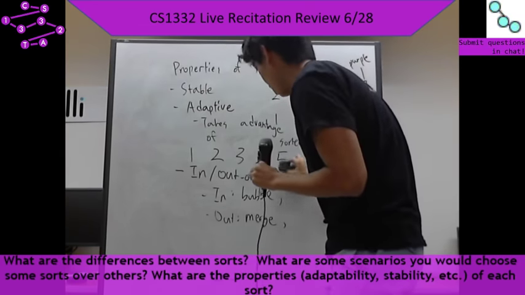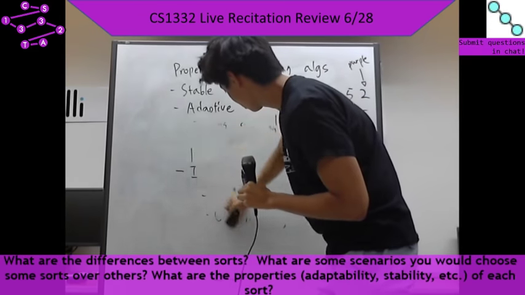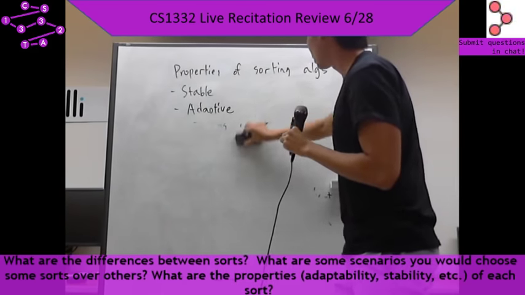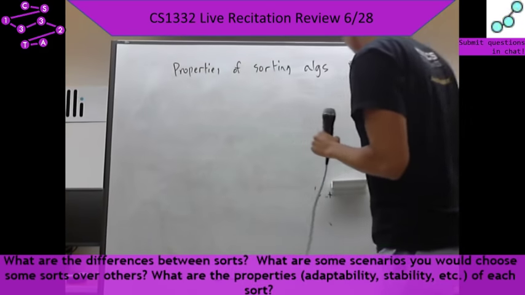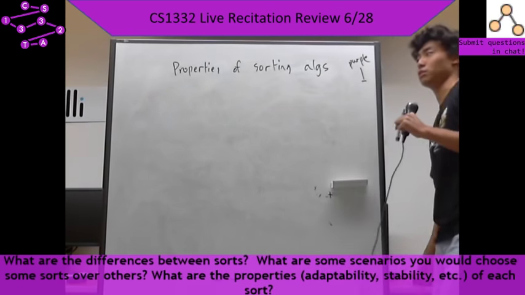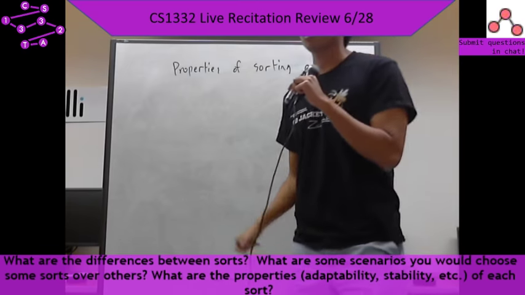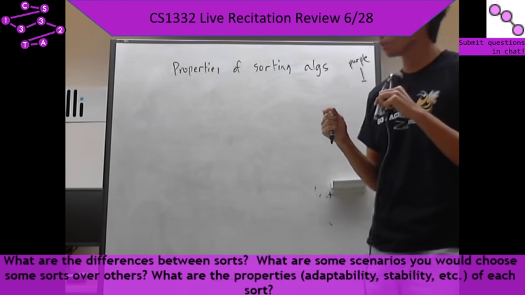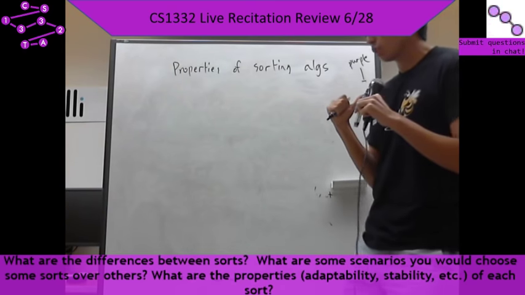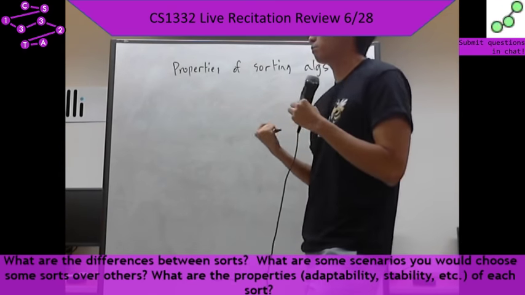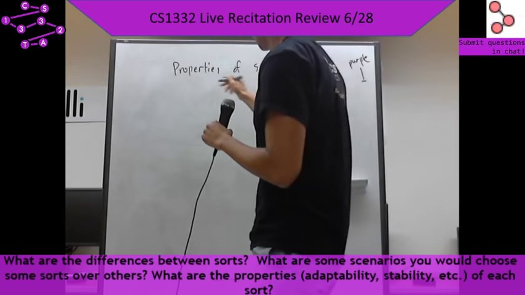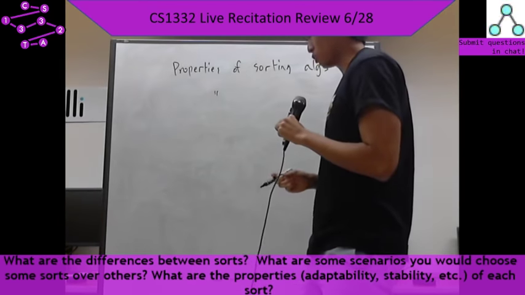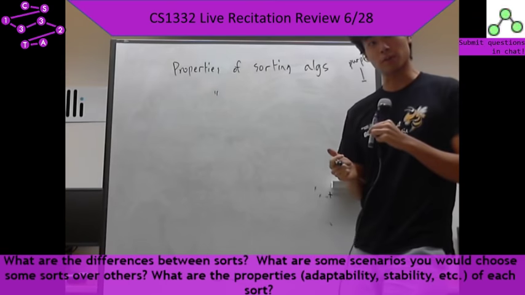So for example, let's say the question, what I like to do is look for these keywords when reading the question. And the keyword might be something like, let's say it says you're in a memory constrained environment.